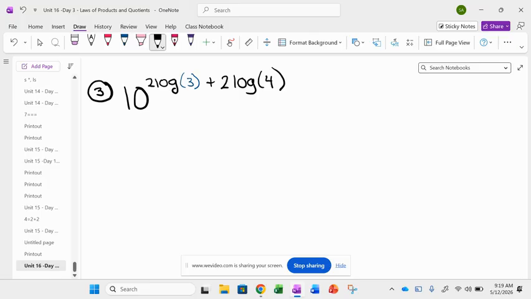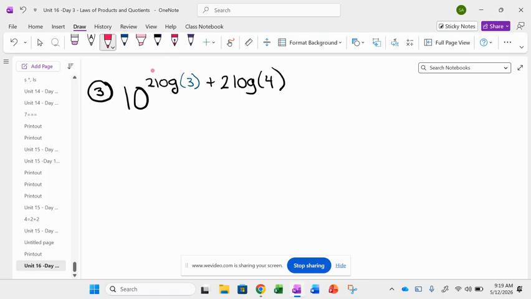Do you agree? Do any of the logs in the exponent actually have a base written down? No, that's okay because there's no base written down. It's implied it's a base of 10. Do they have the same base?